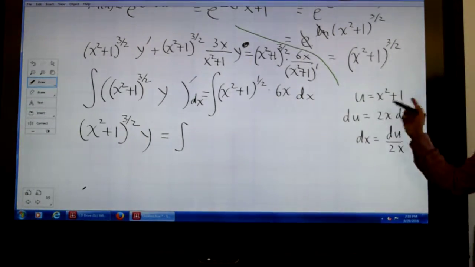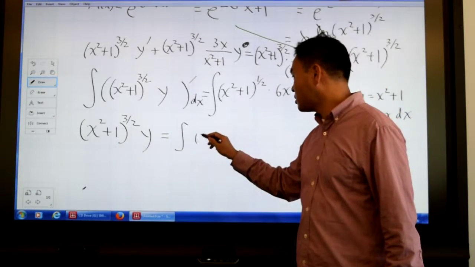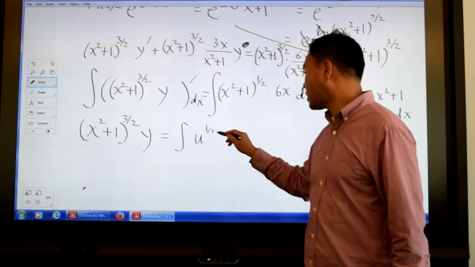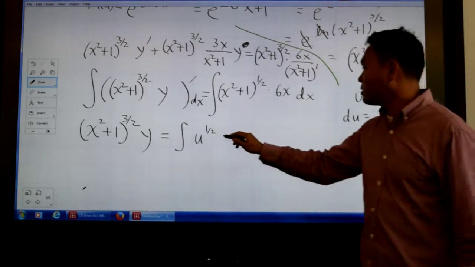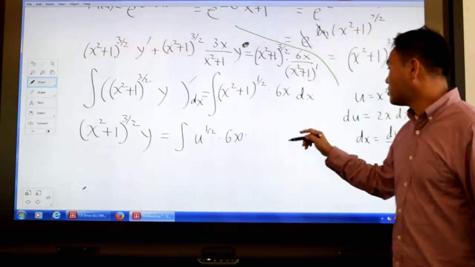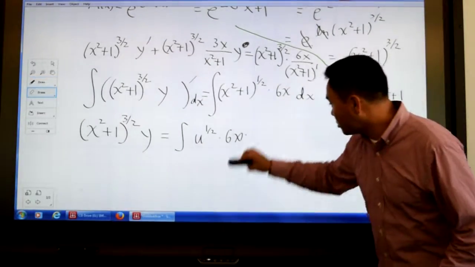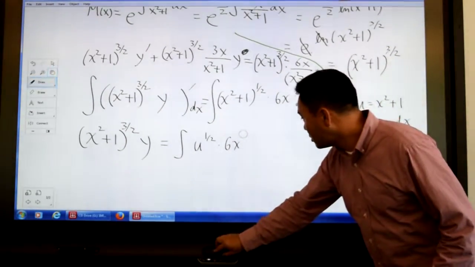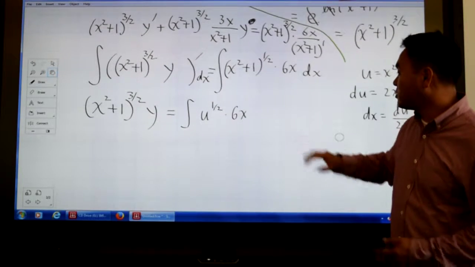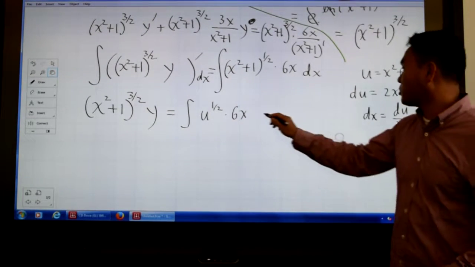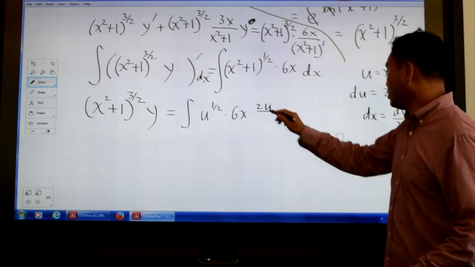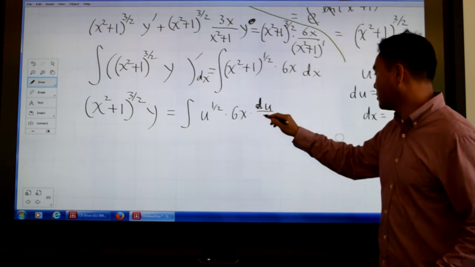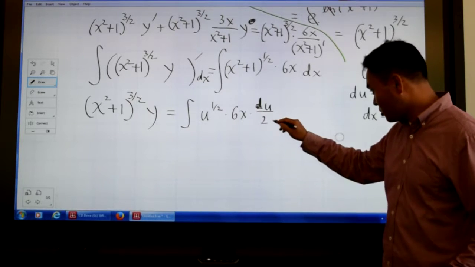So first, u is x squared plus 1, so you set u to the 1/2 power. And then you have 6x, and since dx is equal to du over dx, du over 2x.